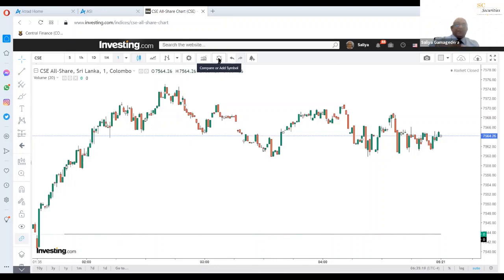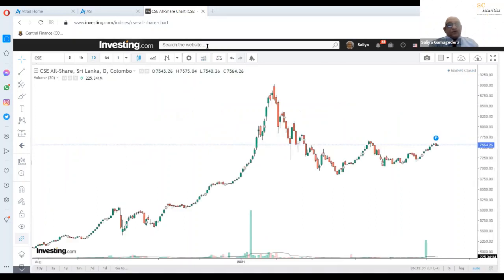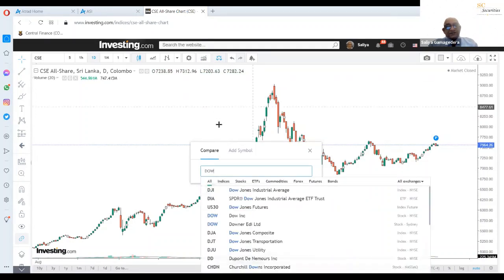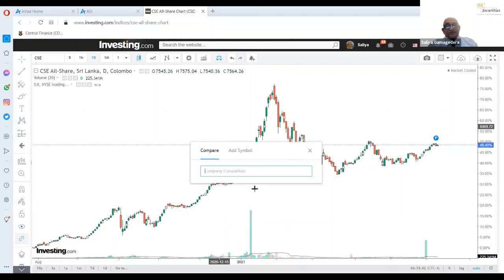The next icon is a comparing symbol, meaning you can compare whatever security you are in with another security, right? Along with the ASI, if you want to see the Dow Jones Industrial Average, you can do that.